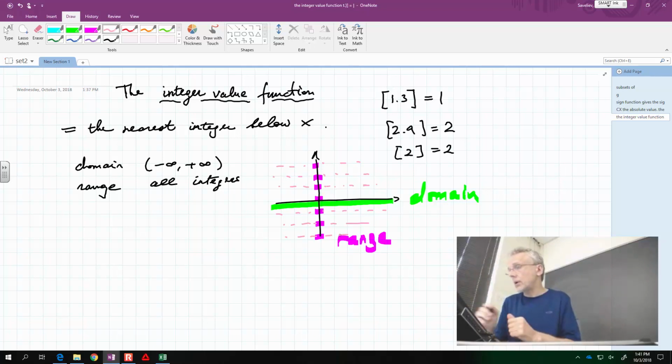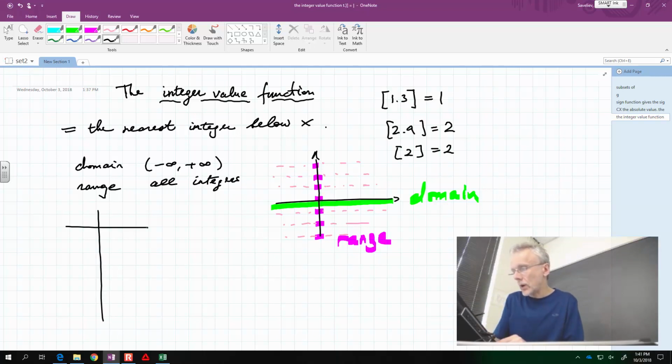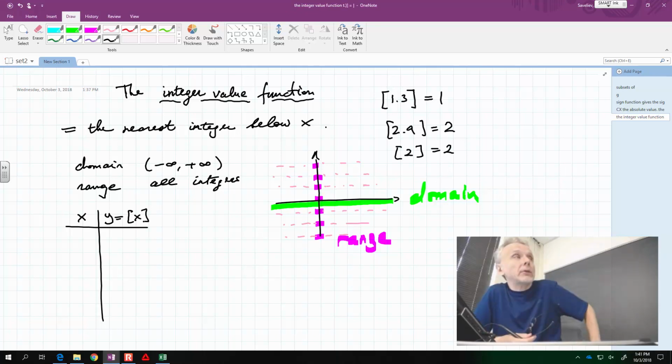Okay, so, well, let's just say we have the range and we have the domain. Let's do a few values in order to actually be able to plot it. So I'll have a few values of x and y. And this time I'm not going to take only integers.